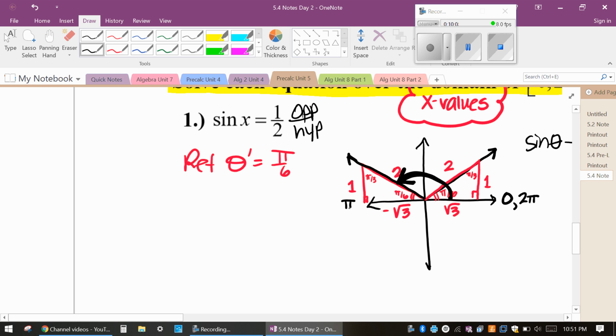How do you write 1 pi with a denominator of 6? It'd be 6 pi over 6. So if the reference angle is pi over 6, you're going to ask yourself, okay, well, subtract pi over 6 from 6 pi over 6, and that would give you 5 pi over 6. So x is pi over 6 and 5 pi over 6.